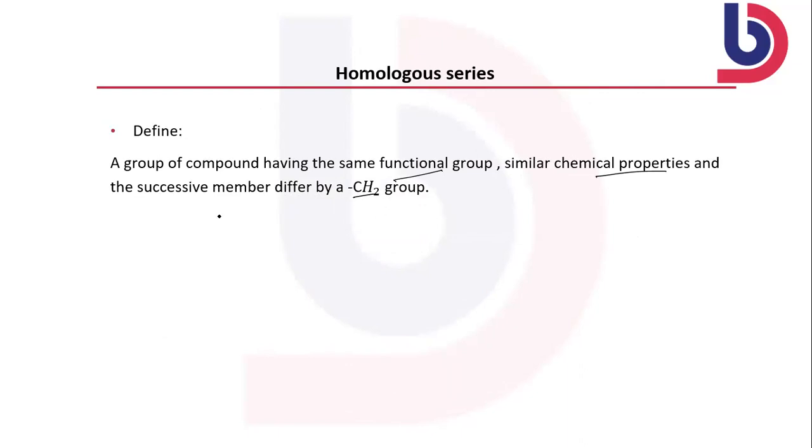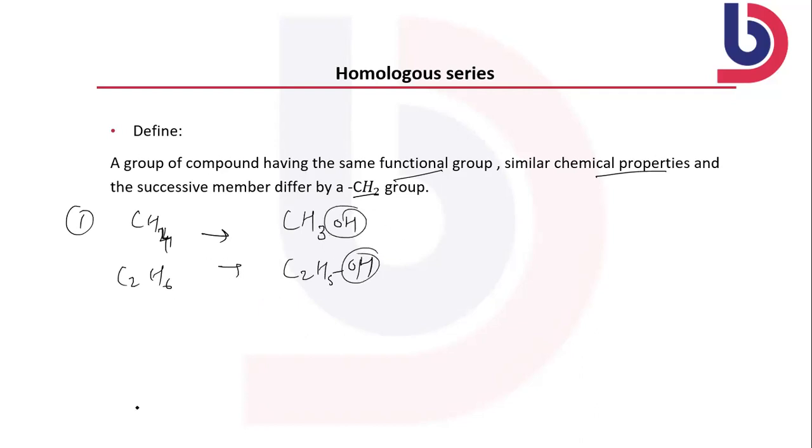Which means that suppose I take methane, CH4. If I want to add alcohol here, it will be CH3OH. If I take ethane and add alcohol, it will be C2H5OH. It proceeds on like this, with propane, butane, pentane.